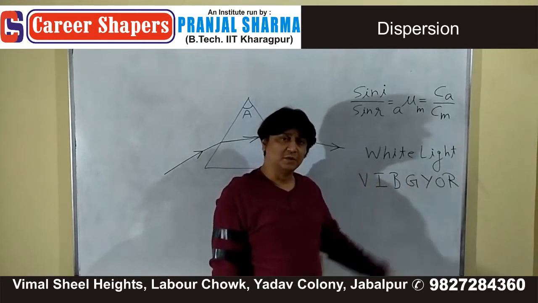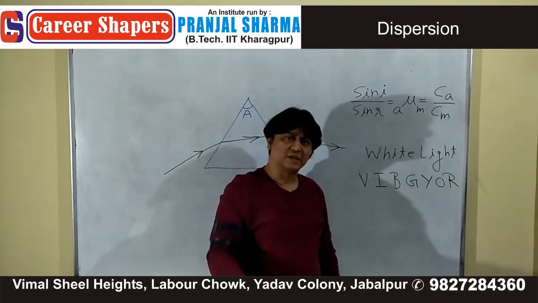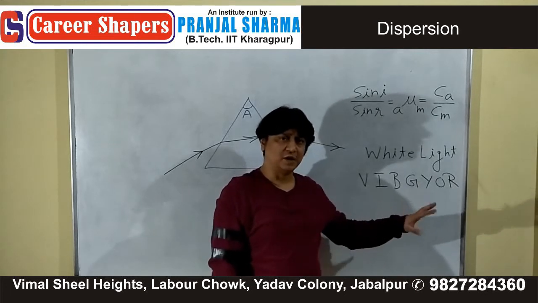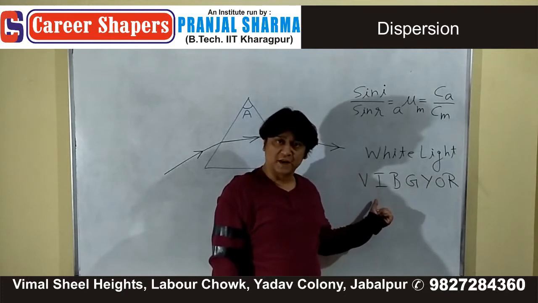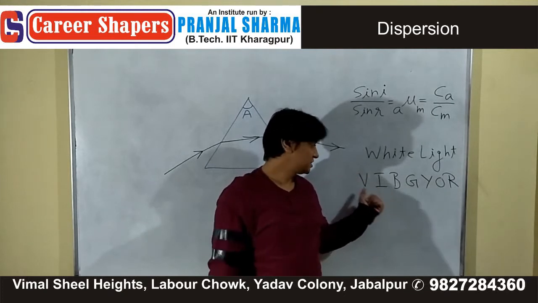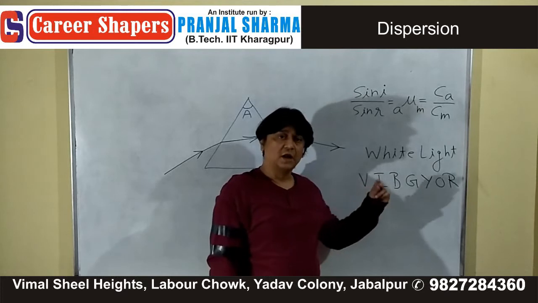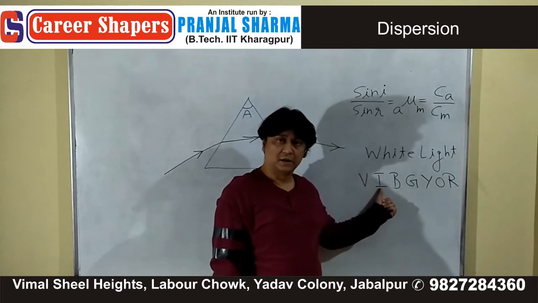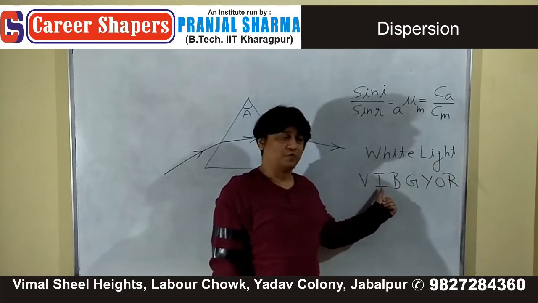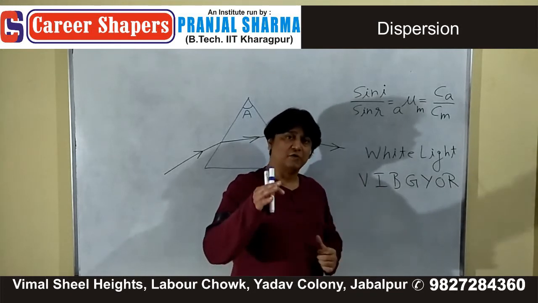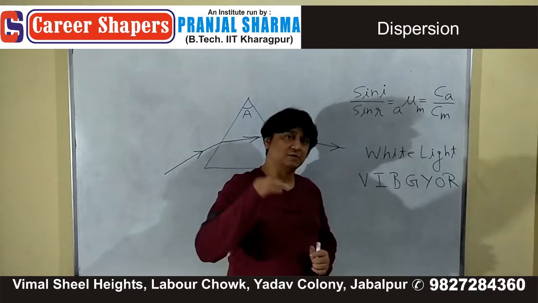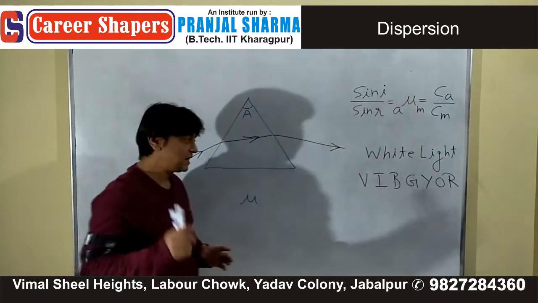A simple way of understanding is that, suppose for the time being, 100 oscillations per second, somebody says that this is violet. If you make it 90, it becomes indigo. If you make it 80, it becomes blue. It's not 100 oscillations per second, it's much higher than that. We'll see that later.